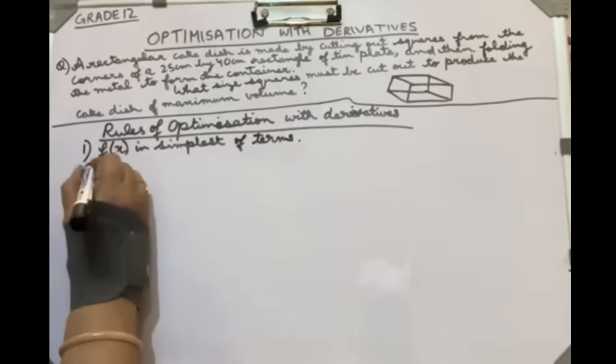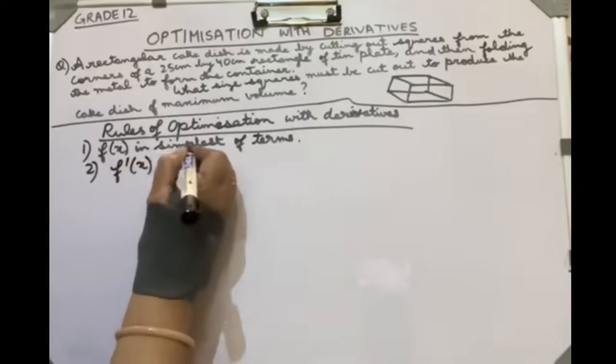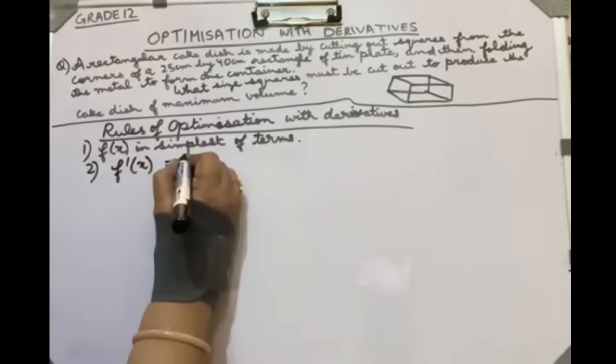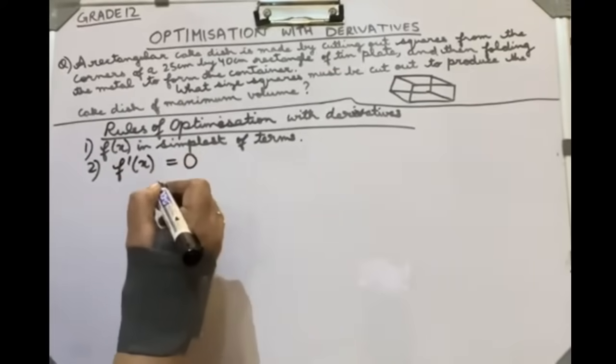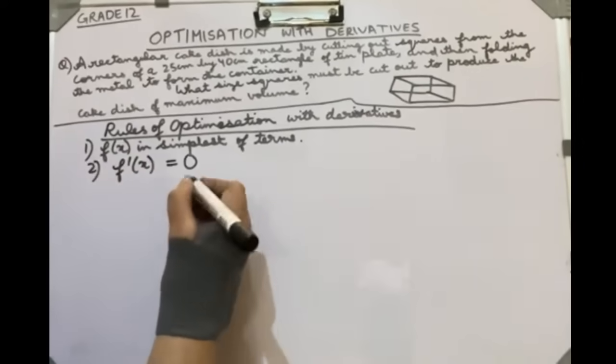Next step, we have to calculate f'(x), the first derivative, and then solve f'(x) = 0 to find critical numbers, which are potential maximum or minimum.